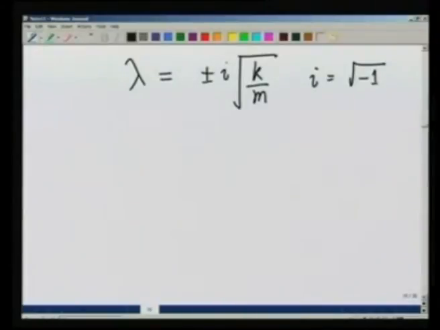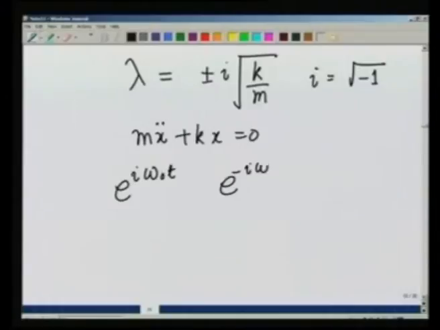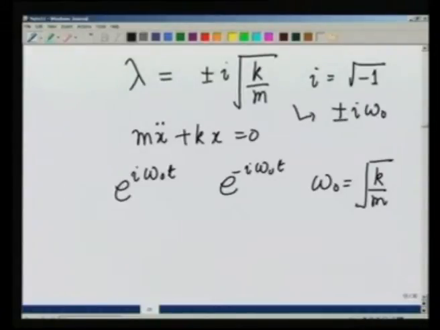So I have two solutions for the second order differential equation mx double dot plus kx equal to 0. The two solutions are e raised to i omega 0 t and e raised to minus i omega 0 t, where I am writing omega 0 to be equal to square root of k divided by m, so that lambda that I wrote earlier can be written as plus or minus i omega 0.